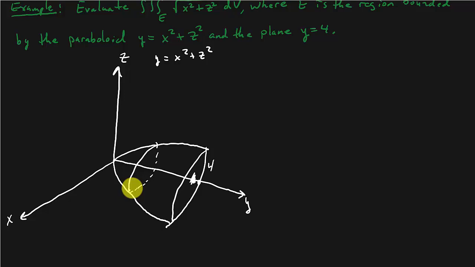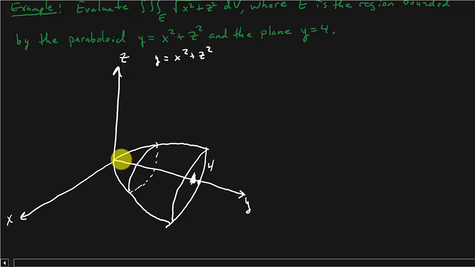X, y, or z? Well, let's integrate with respect to z first. Okay. So I need to get this graph here in z equals something. And so you can see we move the x squared over, and that's going to give me z is equal to plus or minus the square root of y minus x squared, right?